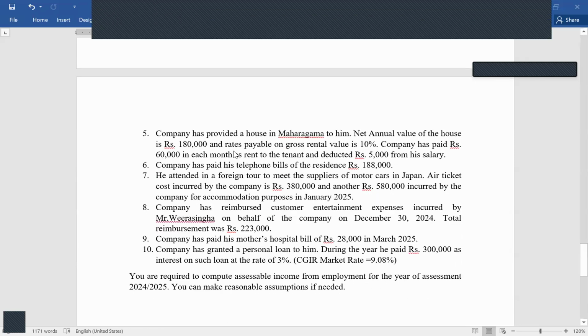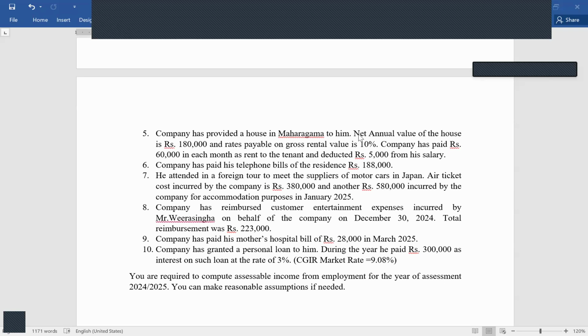House in Maharagama. So all from net annual value to 10% is not relevant to this question, but it says that is in rated area.